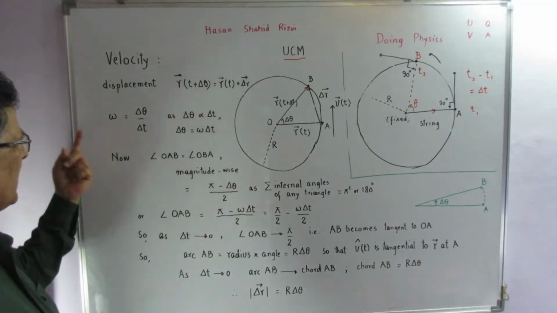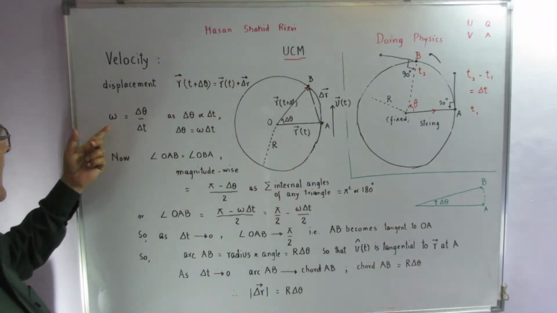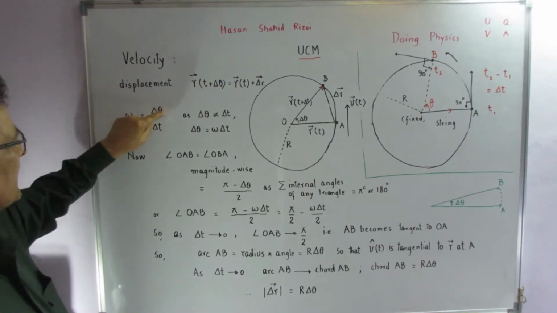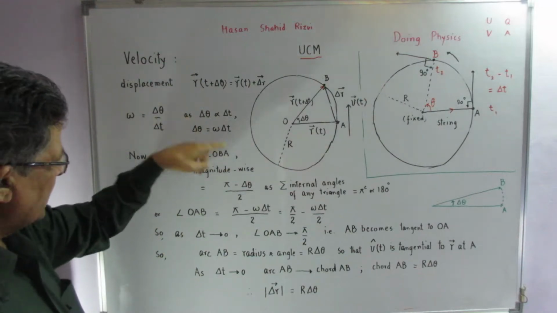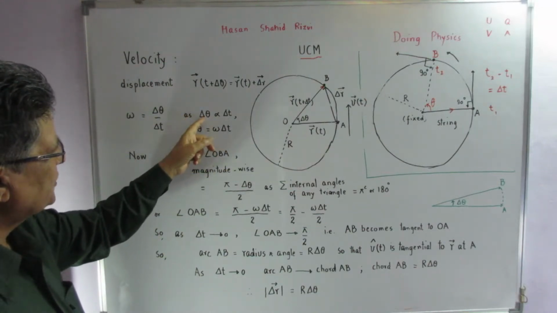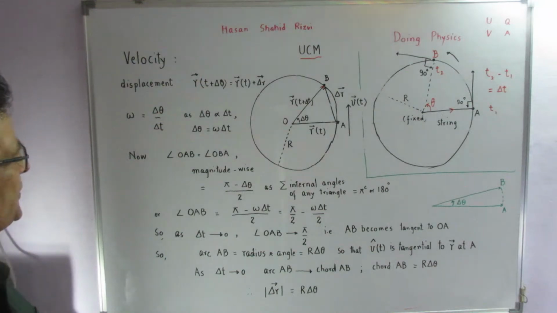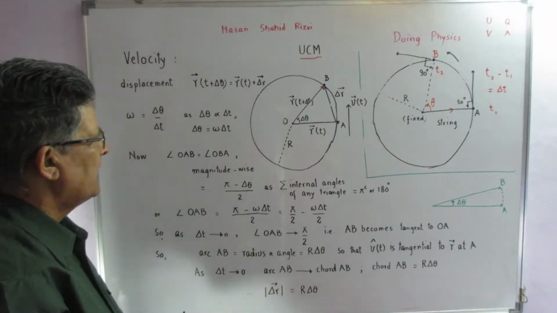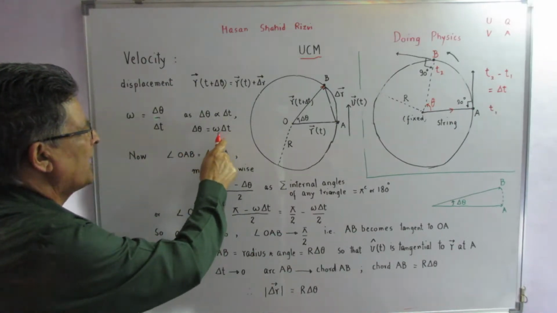Now we found, and we are again putting the result that omega is equal to delta theta upon delta t. As I again come back to the same situation, delta theta, the change in the value of theta, is directly proportional to the change in time, and delta theta becomes equal to omega delta t.